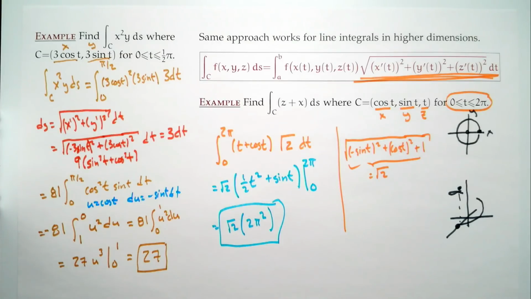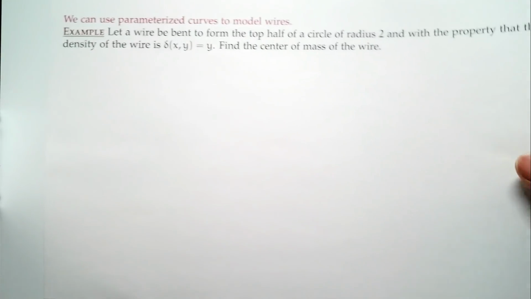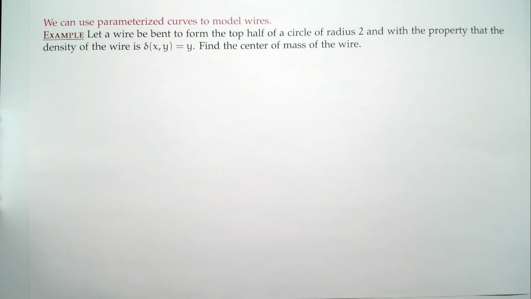All right. Well, what else can we do? Another thing we can do is take a parameterized curve and think of it as modeling a wire. How do we find the wire? It's what you see if you move along the curve.